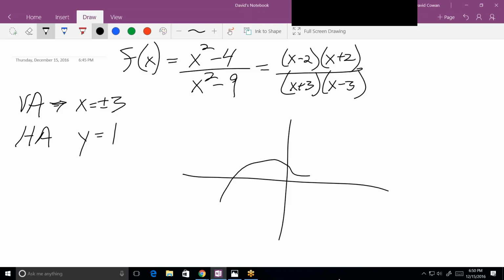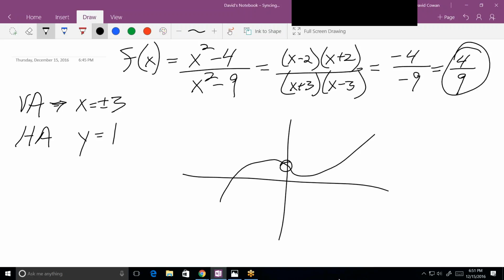If I have a function, what's the x value right there? Oh, 0. Yeah. So the y-intercepts are the easiest things in the world to figure out. You just plug in x of 0, you get minus 4 in the numerator, minus 9 in the denominator. There's your y-intercept.